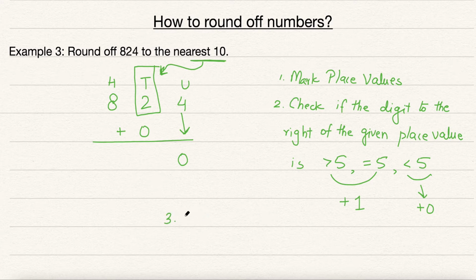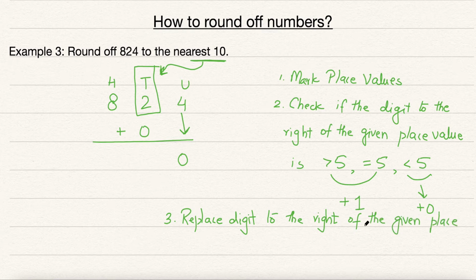Step number 3 is replace the digit to the right of the given place value with 0 and copy the left digits as it is.